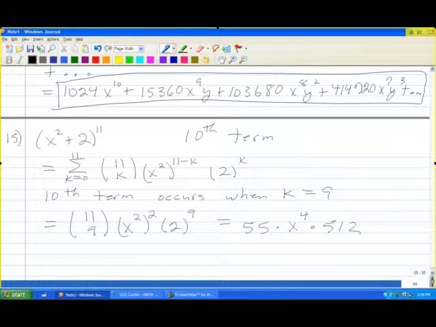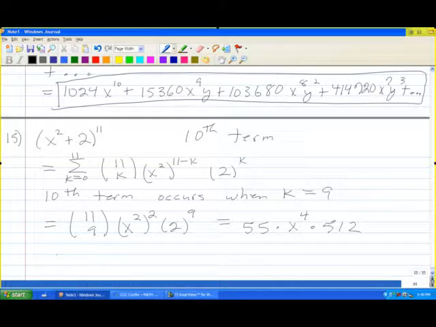Let me plug all this into the calculator just to be sure that I did my calculations correctly. So 11C9 is 55, correct. 2 to the power 9 is 512.